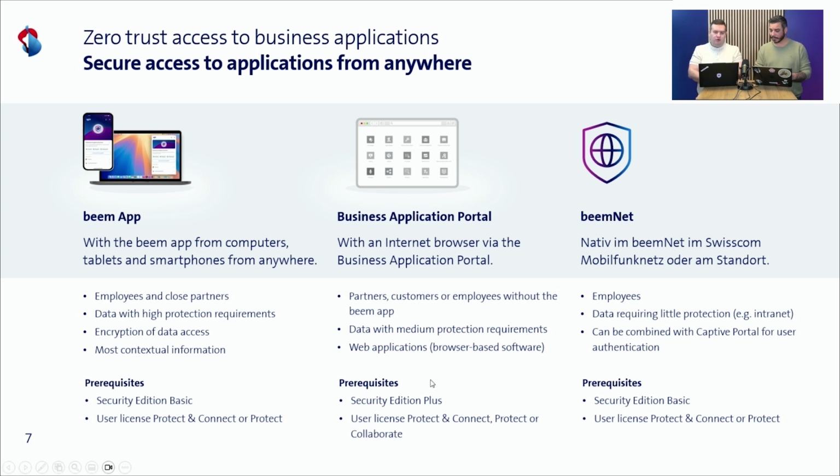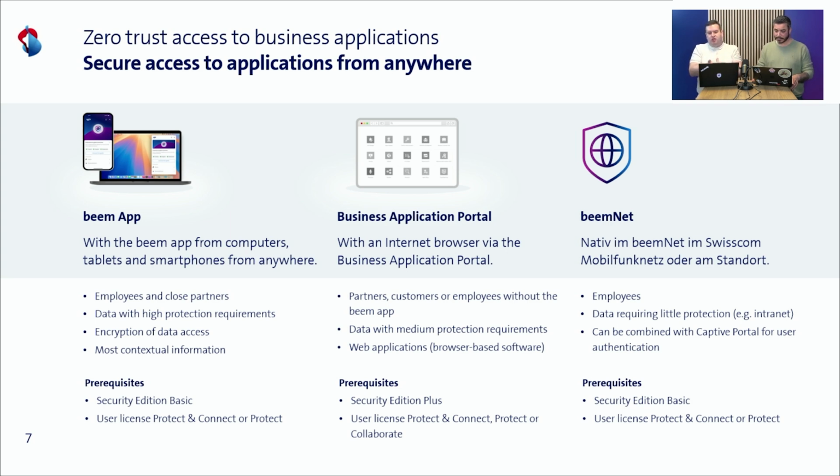And then there's a third option, the so-called business application portal. This portal is mainly meant for third-party providers, people that need to access your network but only in a very limited way, and also for team members. You could also use it internally, but the primary goal is that you don't want to install anything. It's purely web browser based.